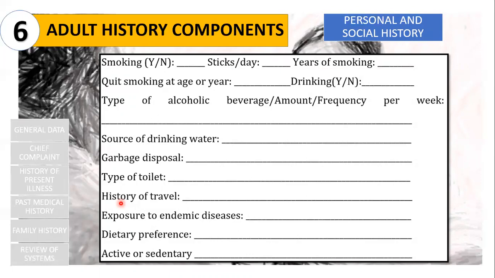We should always ask about the history of travel for possible infection that they might have acquired from the travel history. And then exposure to endemic diseases, the dietary preferences of the patient, and active or sedentary lifestyle. So all of these are important risk factors that we should consider in history taking.